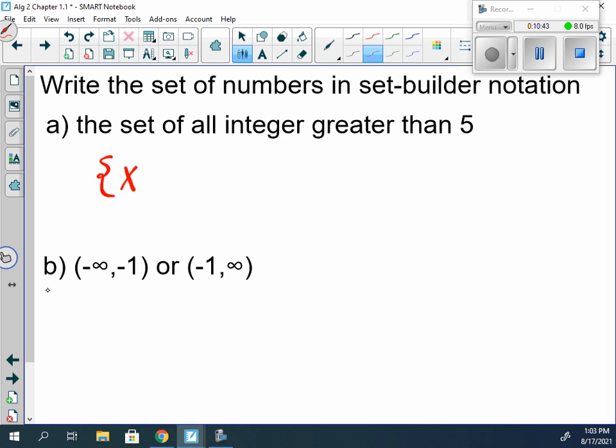When we have it that way, it's the set of all real numbers x such that. Well, here we don't have the set of all real numbers. We have the set of all integers. So we need to define x as not a part of the real numbers, but a part of the integers. The way that we do that is with this symbol. It looks a little bit like the prongs of a pitchfork.